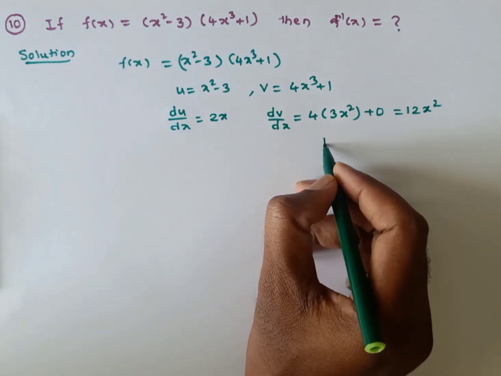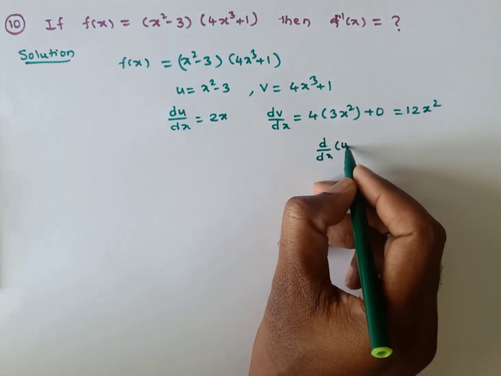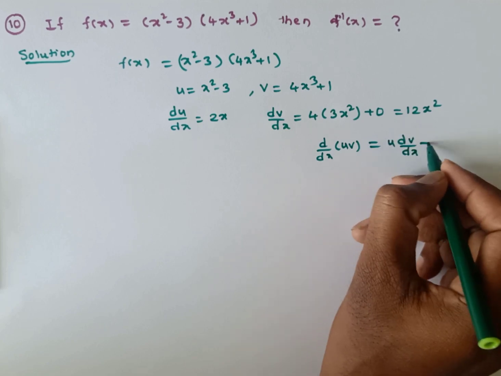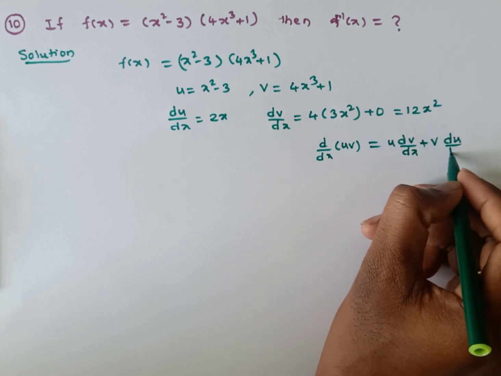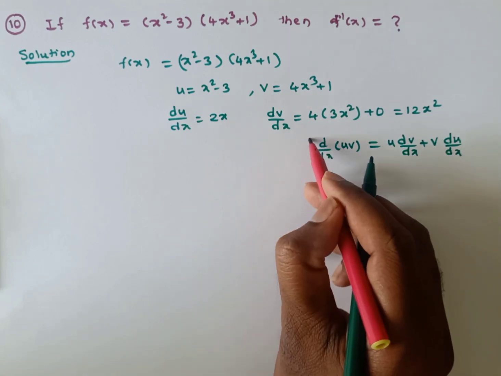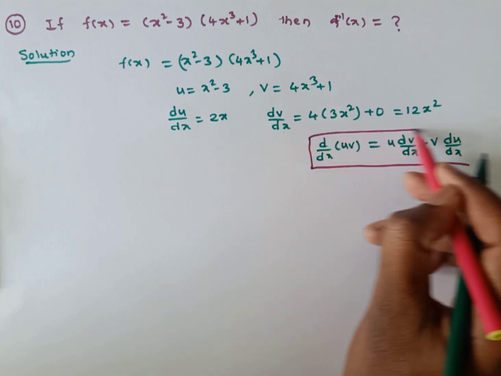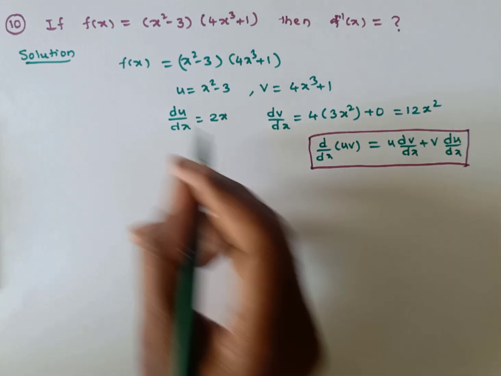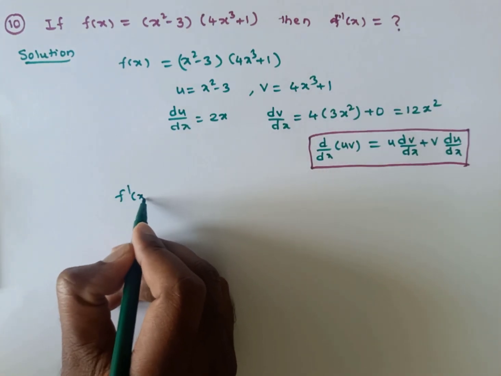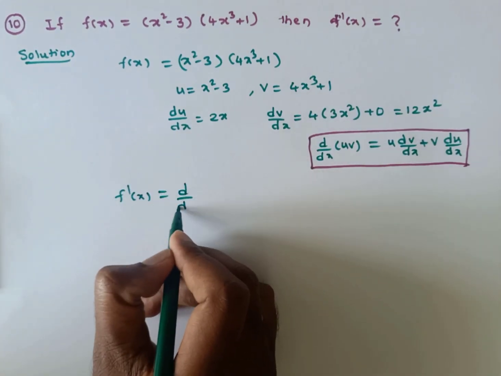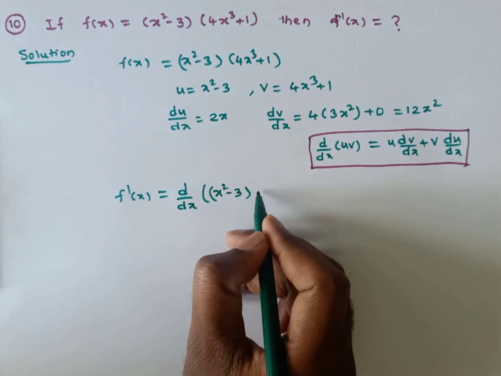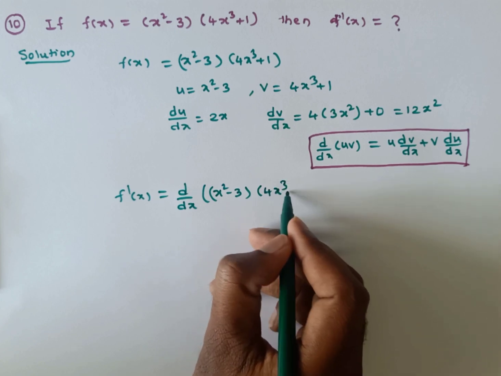As we know the formula, d by dx of u into v equals u into dv by dx plus v into du by dx, right? Now if we apply the formula for this given function, then apply the differentiation on both sides with respect to x. Then f dash of x equals d by dx of u into v, that is x square minus 3 into 4x cube plus 1.